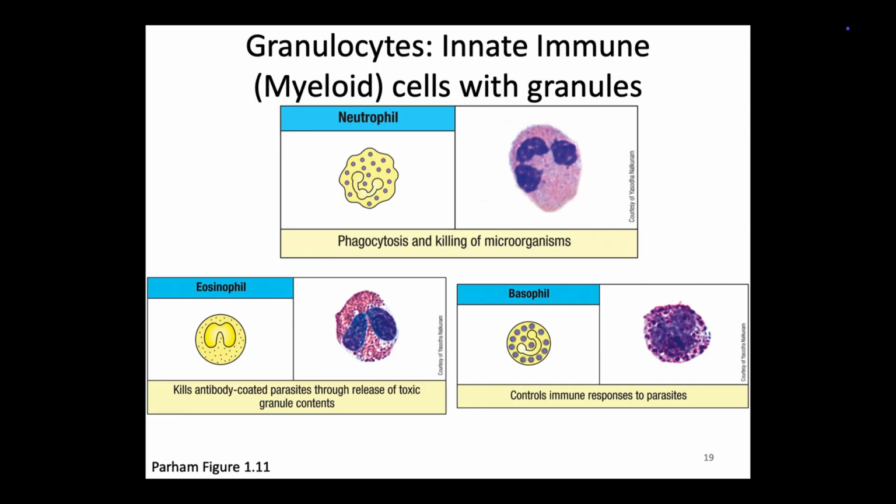The granulocytes were named, and people made them a group, because they all had some similarities under a microscope. And now we know they're related to each other. They're all myeloid, and they're all innate. That was useful, that they all looked the same. The thing that they all had in common when you looked at them under a microscope was that they all had granules in their cytoplasm.